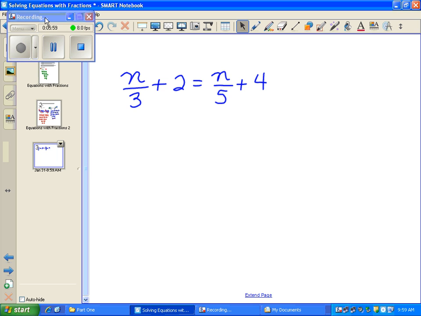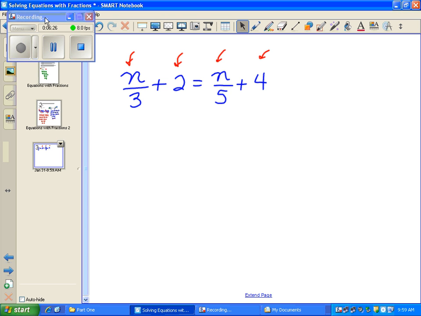In this case, you have 3 and you have 5, and you're going to multiply by the lowest common denominator, which will be 15. The trick with this one, though, is that you actually have 4 separate terms. n divided by 3 is a term, 2 is a term, n divided by 5 is a term, and 4 is a term. So you actually have 4 terms.